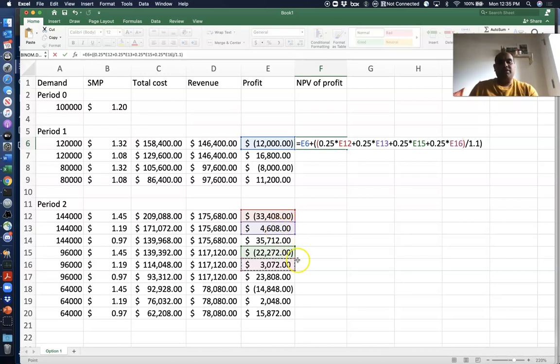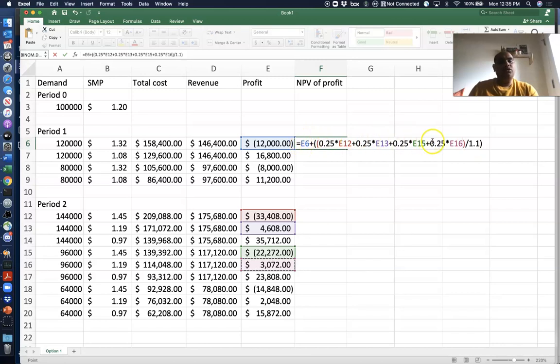These are the 4 possibilities in the future, with 25% probability for each. So this is the total profit that you can expect to make next year, after period 1, in period 2. And you're going to divide that by 1.1 because we are assuming a discount rate of 10%.